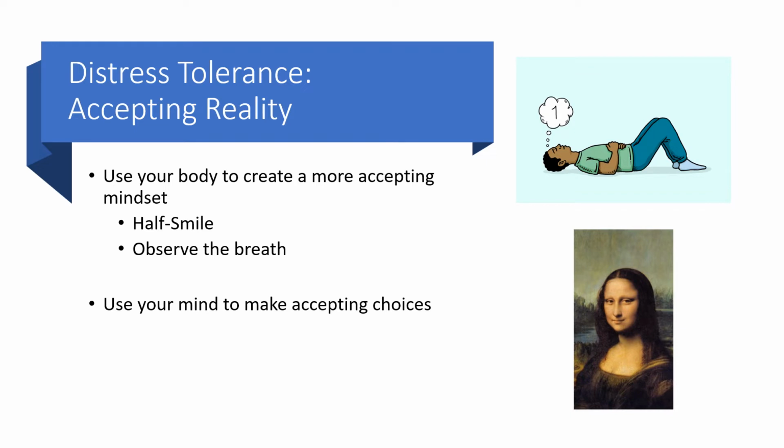Inhale as you're going down the other side of the square, and exhale as you're going around the bottom of the square, tracing it all out with your hand or your finger. Some other ones are birthday cake breathing or star breathing. It's pretty much just paying attention to how your body is taking in breath. Any of those things will work. So while you're using your mind to make accepting choices, make sure that you have your body in an accepting mind state as well.